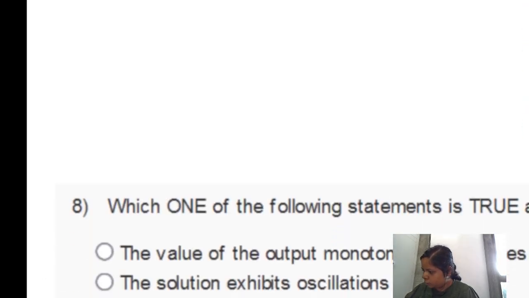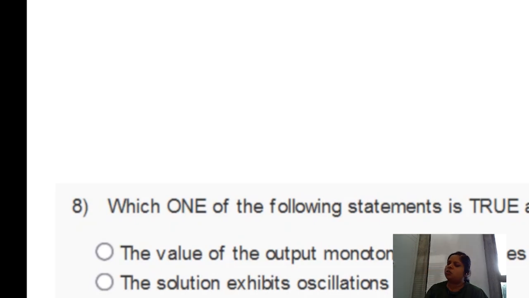Now another question related to the same: y(t) is equal to 1 minus e power minus 2t. Can you tell which one of the following statements is true? What kind of behavior would it show?